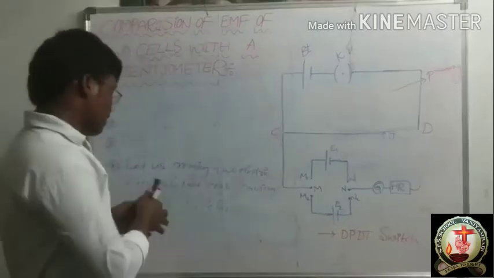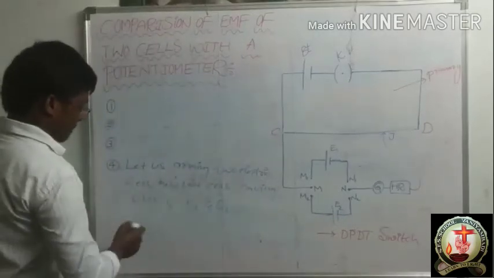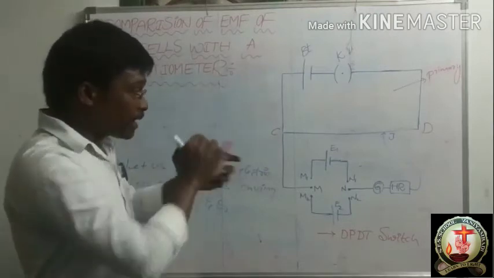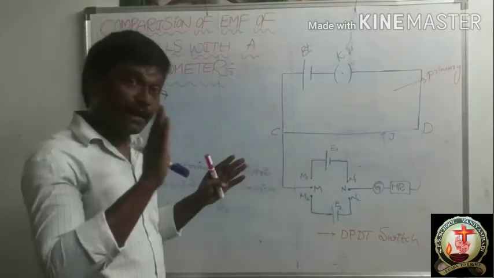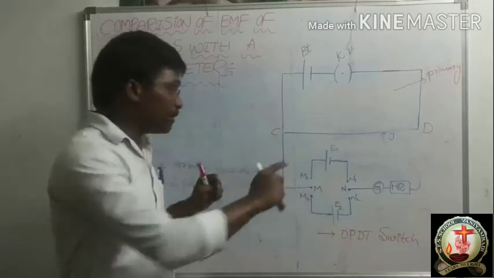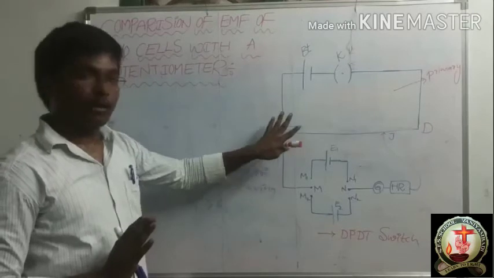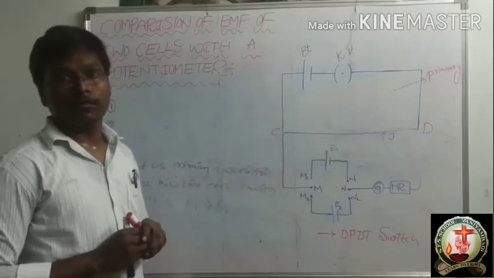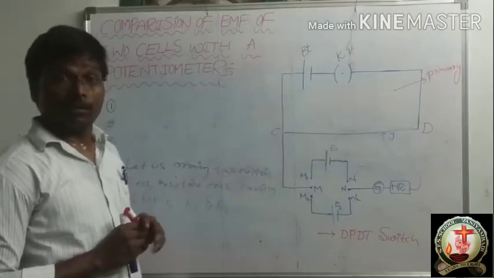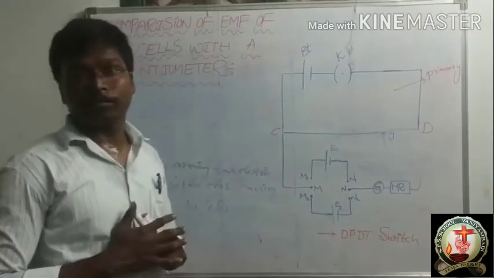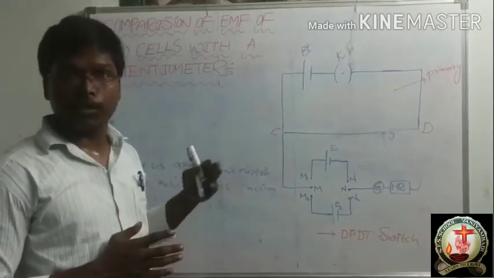So what is our fifth point? The positive terminals of the battery and the electric cells are connected with one end of the potentiometer wire. That is the fifth point. This is the construction of the potentiometer.